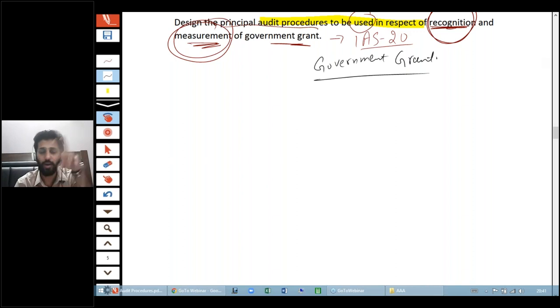I also have a file of the summarized accounting standards, so I will be sharing that file in the WhatsApp group. Make sure that all of you are in the WhatsApp group. The link would be shared shortly.